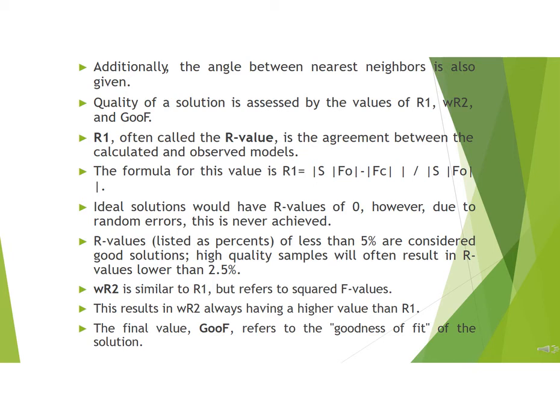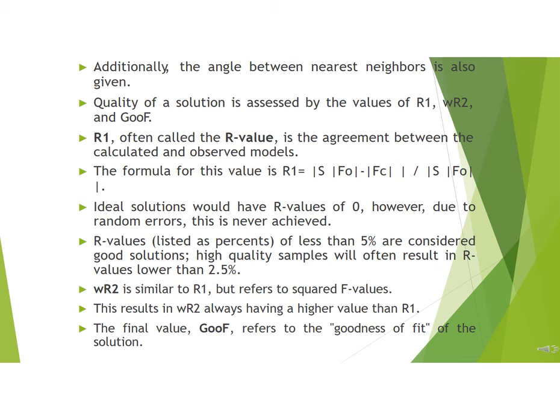R1 is often called the R value, which is basically the residual factor or reliability factor, which is the agreement between the calculated and the observed models. The formula for R1 is the sum of |F observed minus F calculated| divided by the sum of |F observed|.